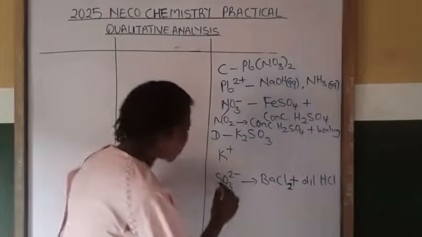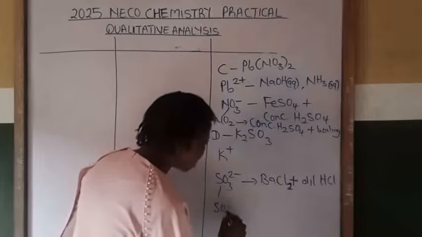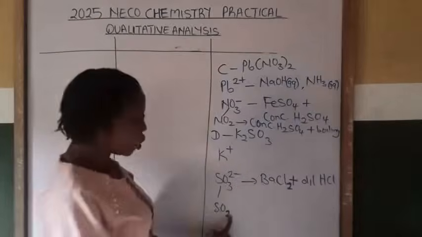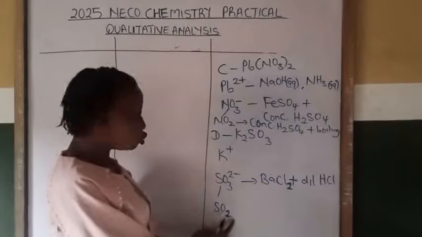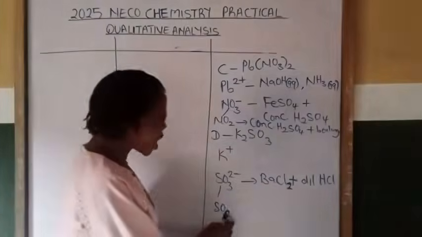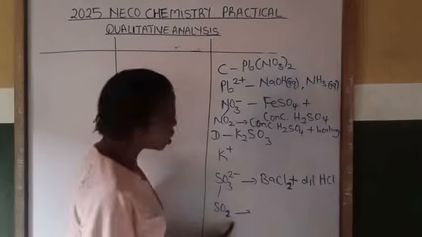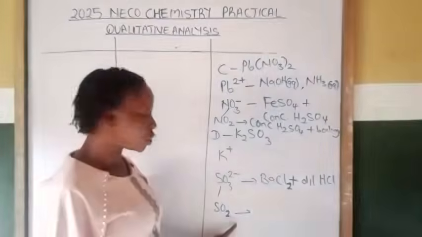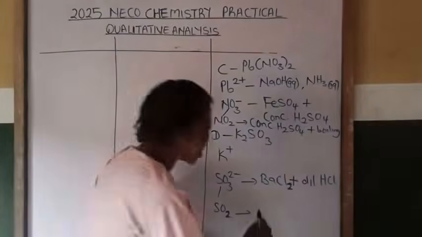Then we should be expecting a chemical test on SO2 gas, because SO2 gas can be evolved from SO3 2-. Then what can we use to test for SO2 gas? SO2 gas will give you a choking smell, which decolorizes KMnO4.